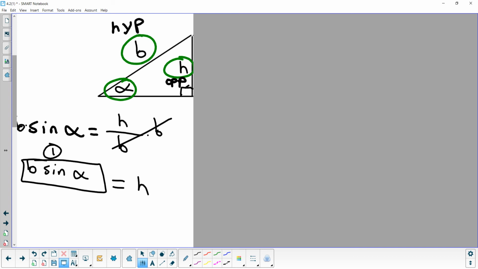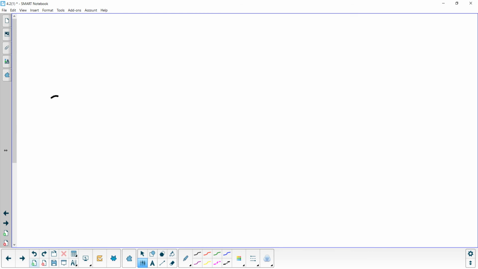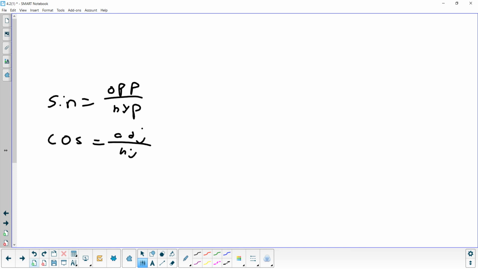So based on the two sides that I circled, you have to use sine because of their names. Could you write it down real quick so I can copy? So sine, remember that's the opposite over hypotenuse. Cosine, which we're not using. And tangent, which we're not using.